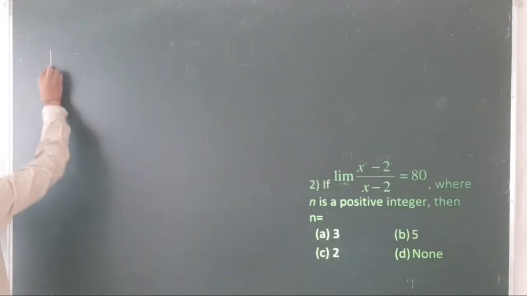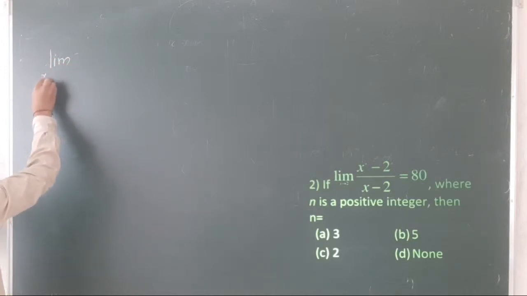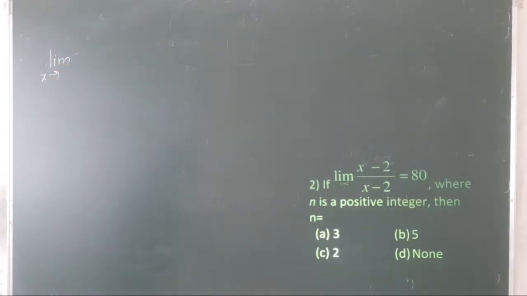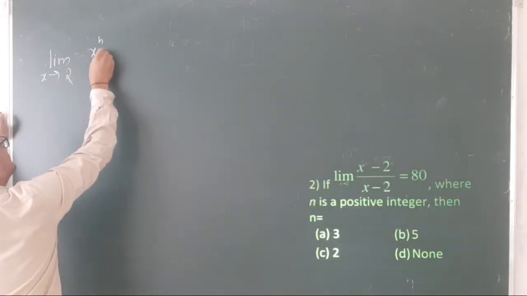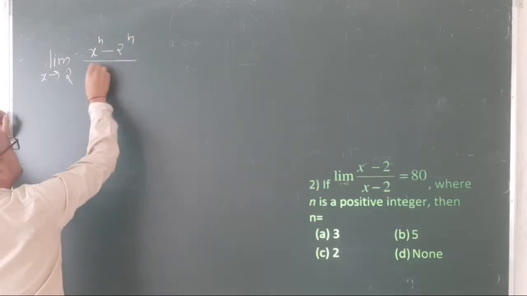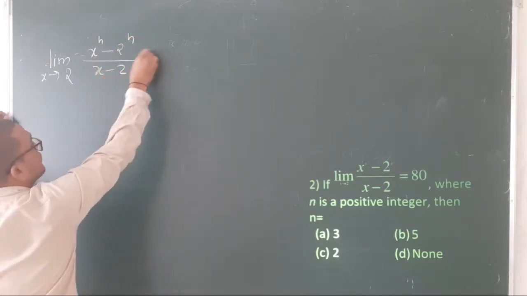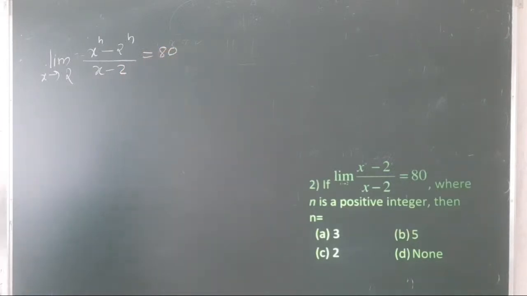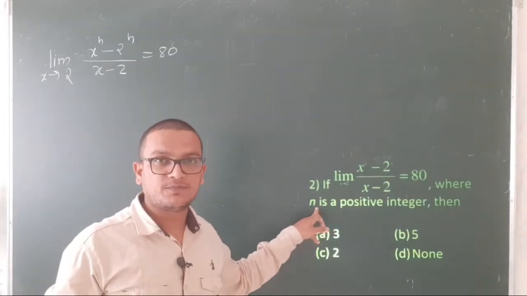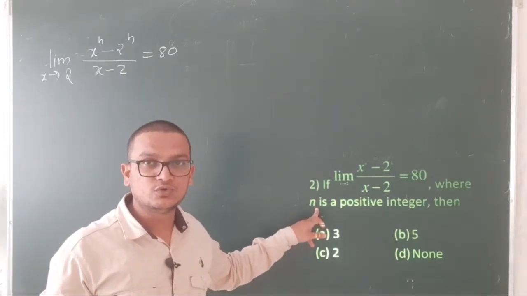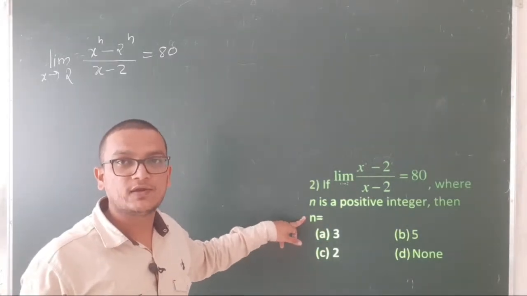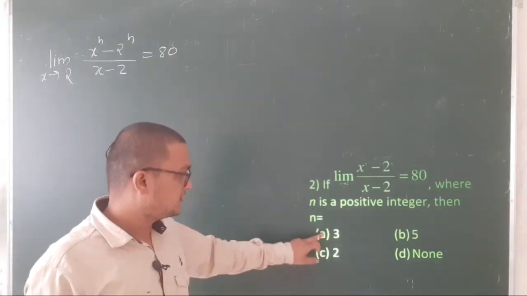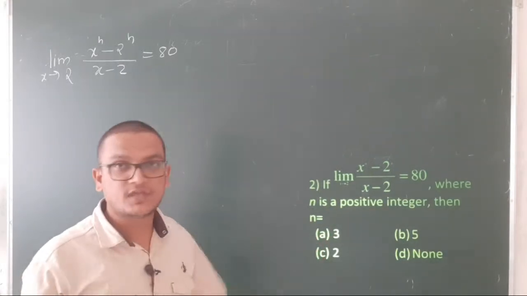If limit x tends to 2 of x to the power n minus 2 to the power n, divided by x minus 2, is equal to 80, where n is a positive integer, then what is the value of n? Options are 3, 5, 2 and none of the above.